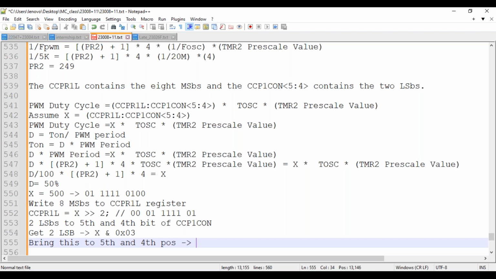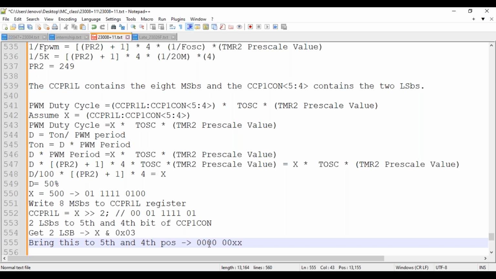Left shift how many times? Should I do it 3 times or 4 times? 5th and 4th position. Position starts from 0. Assume 0, 0, 0, 0, 0, 0, 0, 0, x is what I have.